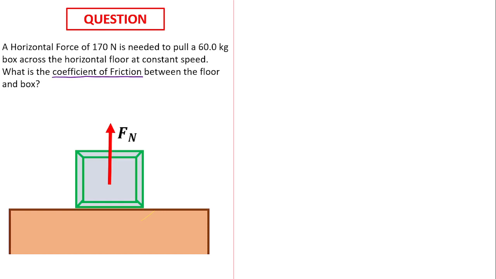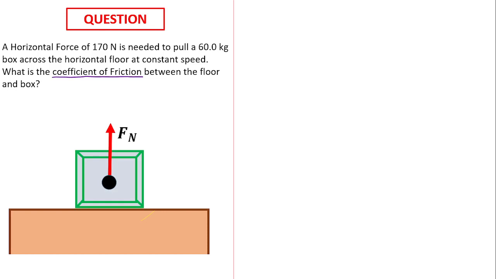When you draw, you need to make sure that you analyze the forces that are acting on this particular object. The first force is the normal force, which is Fn.